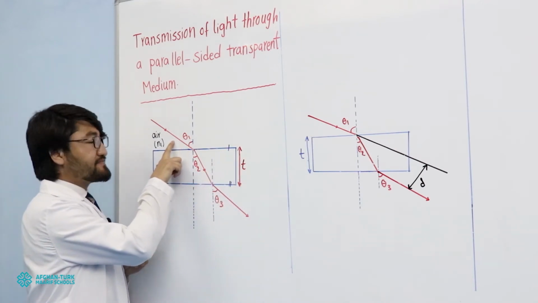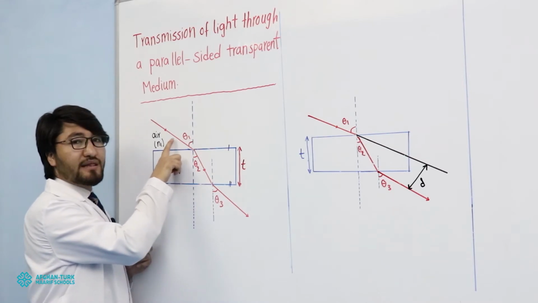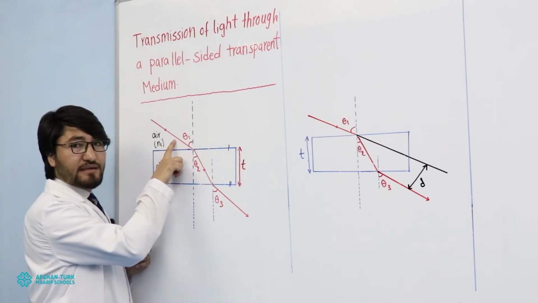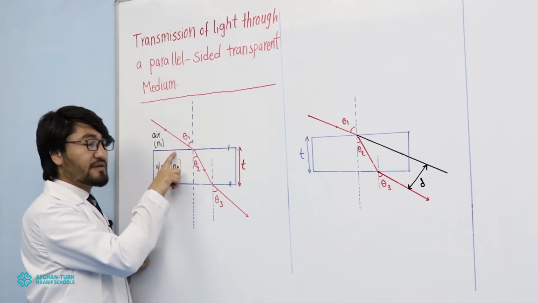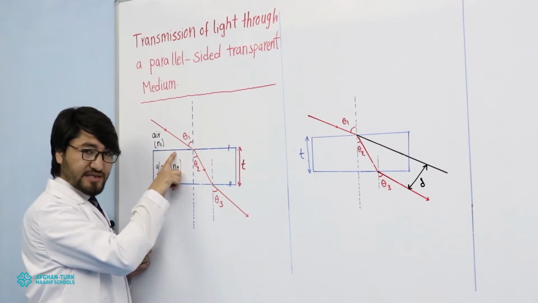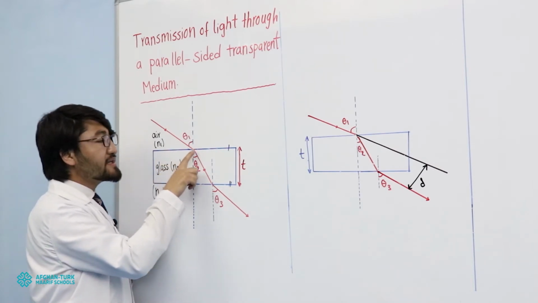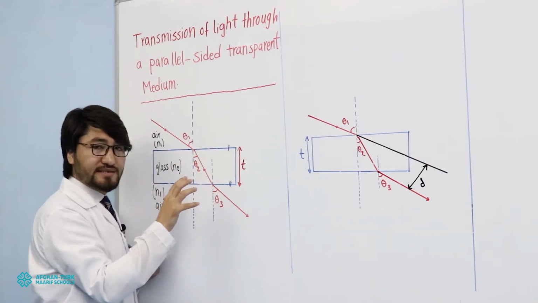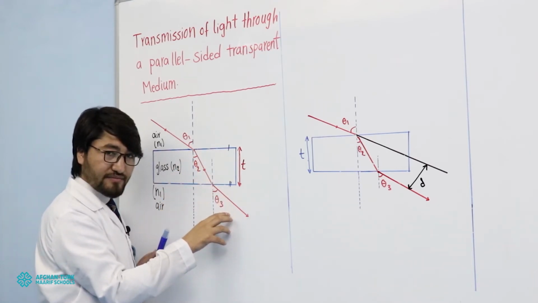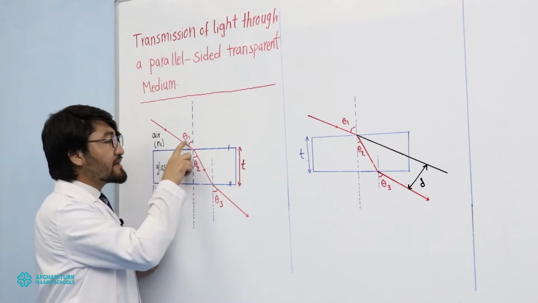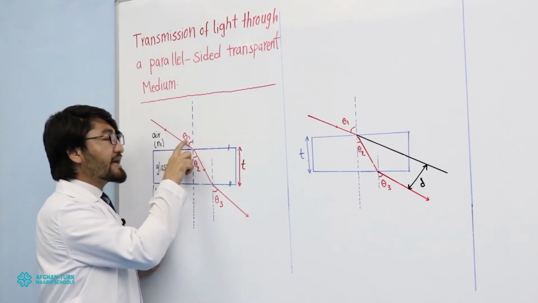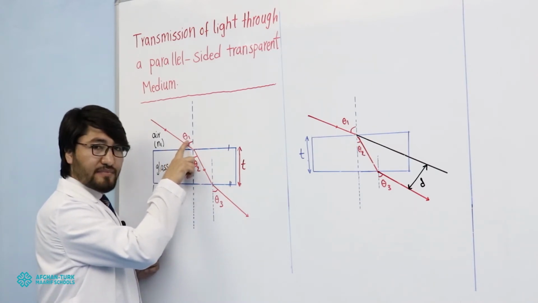When the light is incident on the surface of this object, it is refracted twice during its journey. You see, the angle of incidence is theta 1.